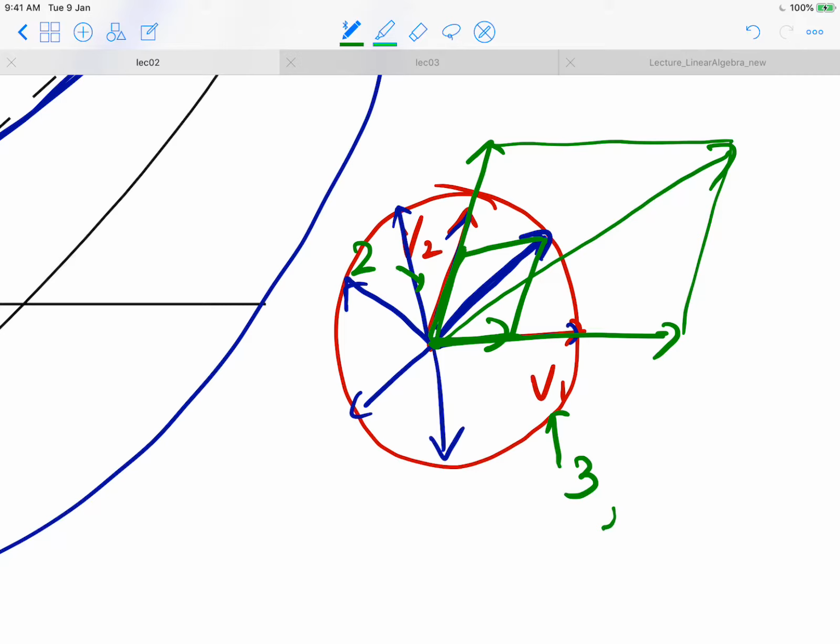So the best strategy to maximize the resulting vector length is to align this vector with the first eigenvector.